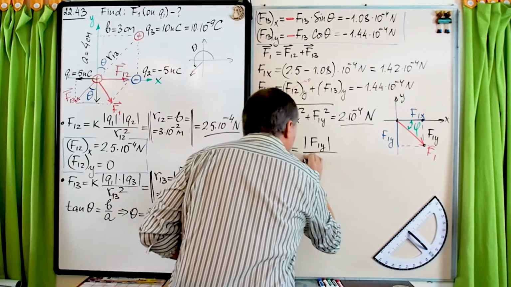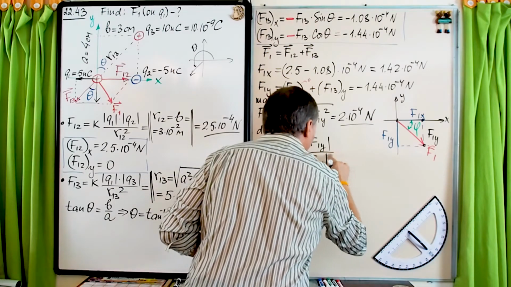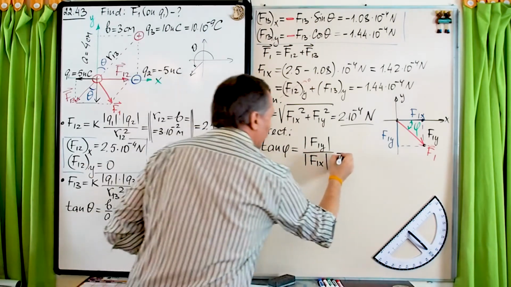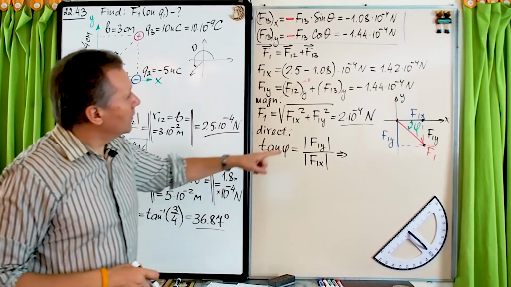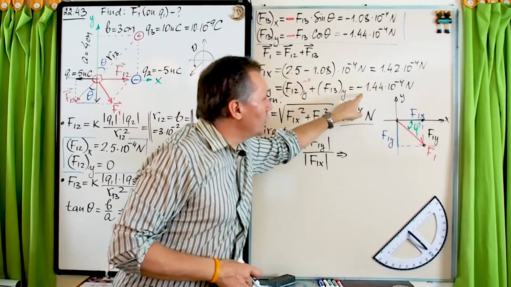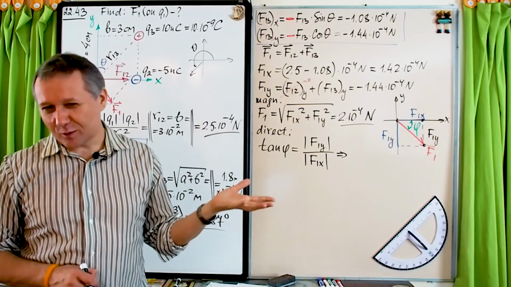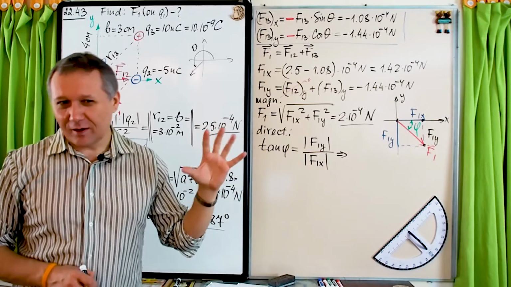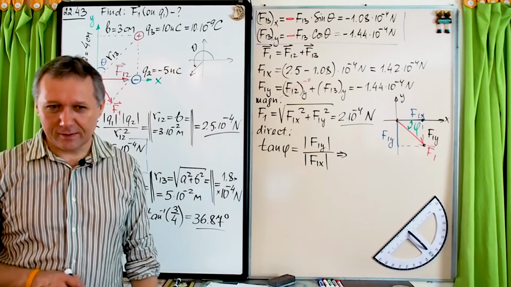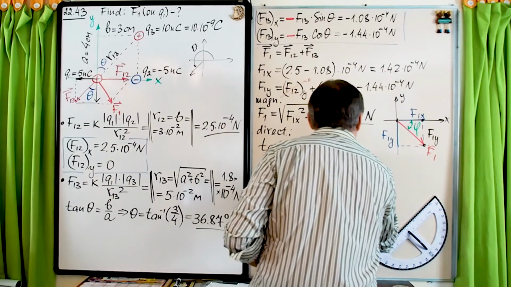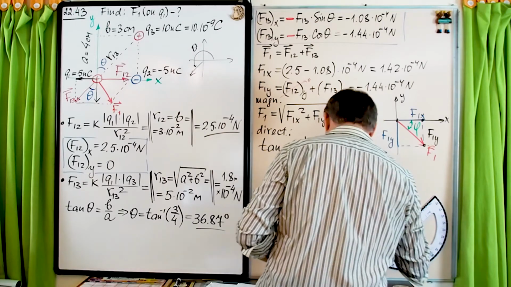And versus the absolute value of f1x. Okay. 1.42, 1.44, take a ratio, it's 1. So the angle is going to be approximately 45, very, very close to 45 degrees. Phi is going to be very close to 45 degrees.